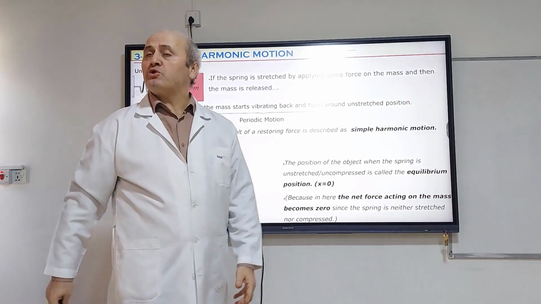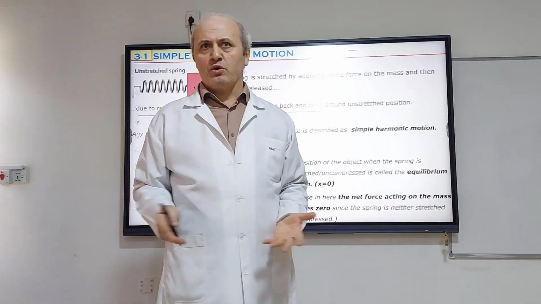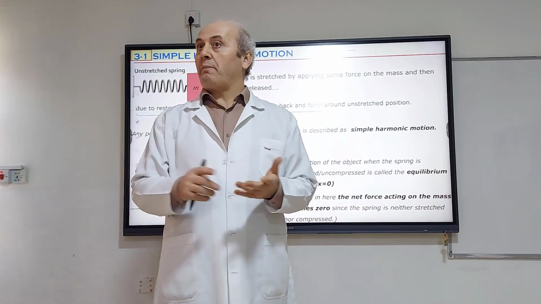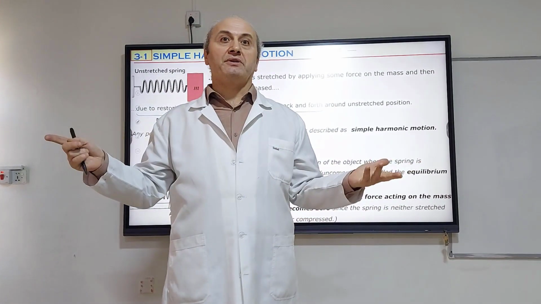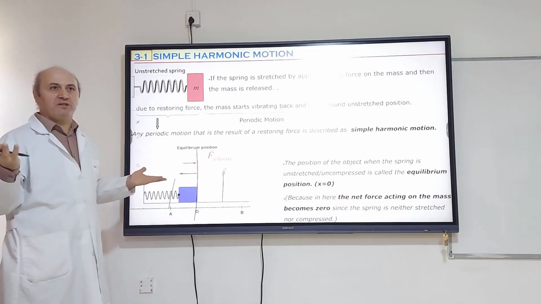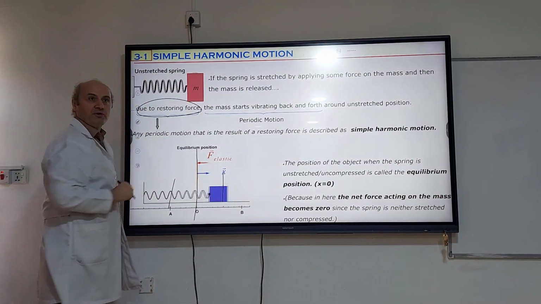But simple harmonic motion is a special type of periodic motion. There are several periodic motions. If an object repeats its motion, we say it's periodic. Circular motion can be periodic, or motion on a curve can be periodic. But this is a special type of periodic motion. Why special? Due to a restoring force.